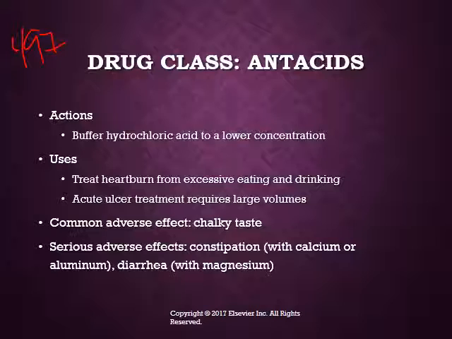So the common antacids that you will see in practice are your Tums and your Maalox. So keep in mind that some antacids are based on calcium or aluminum, and some are magnesium based.